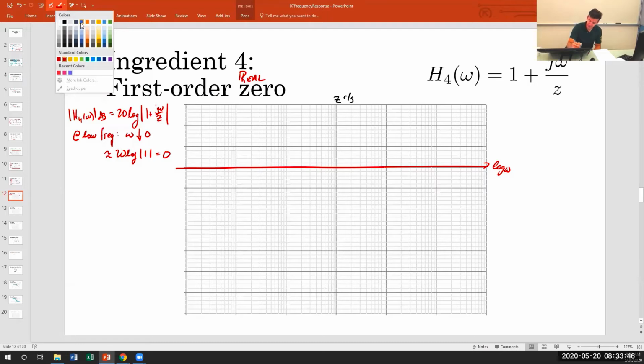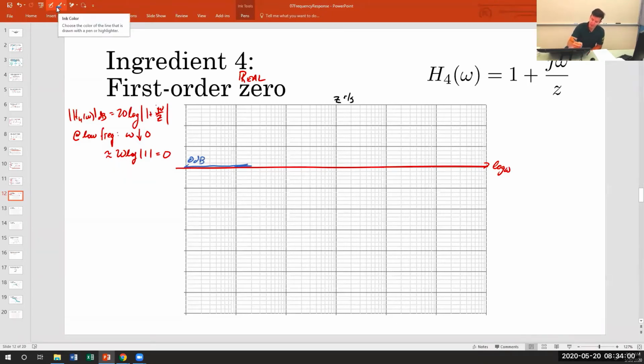Then I want this color. When we are much lower than z radians per second, we have 0 dBs of magnitude. Probably should have color coded that to get the right asymptote, but too late now.